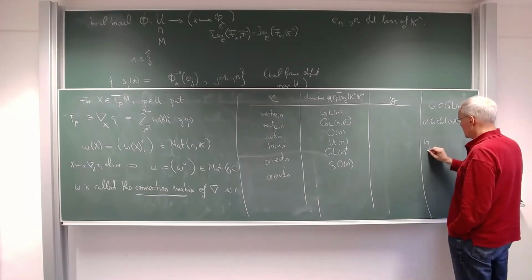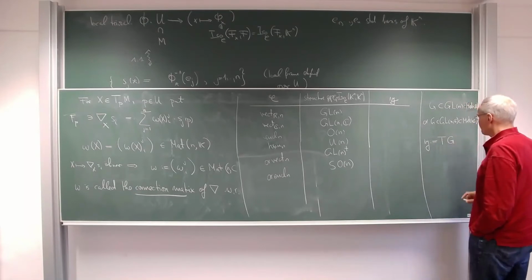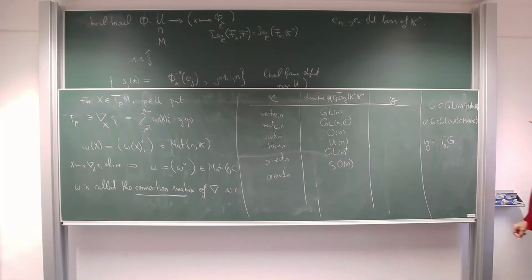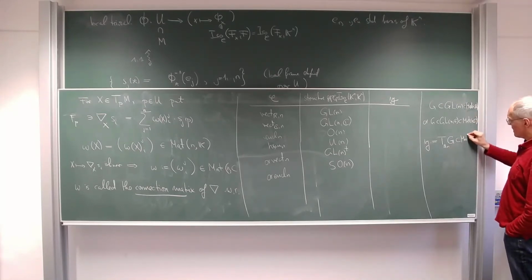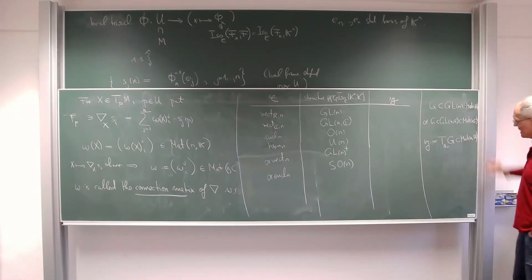So little g is defined to be the tangent space of capital G at the identity matrix, and then considered as a subspace of n by n matrices with coefficients in R or C. Just write K here.